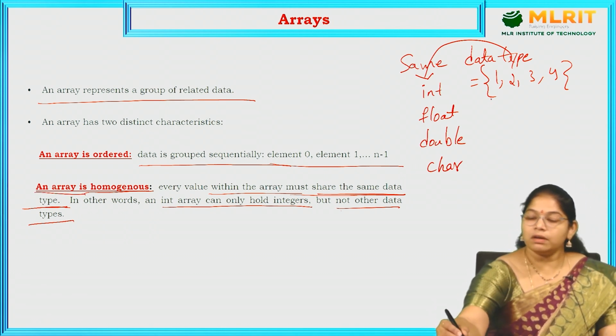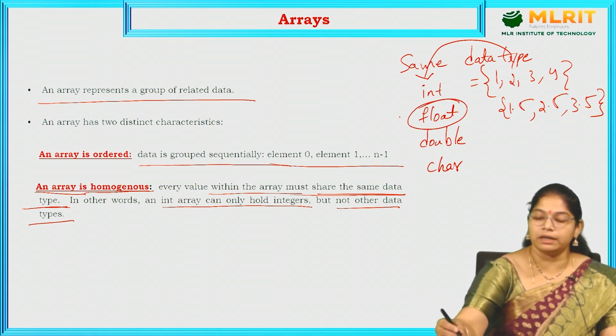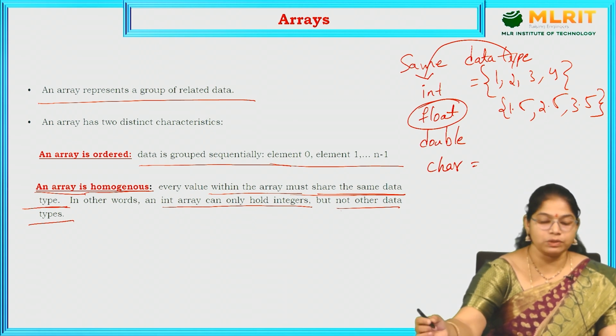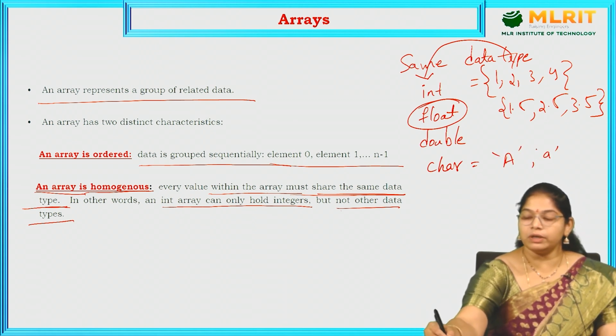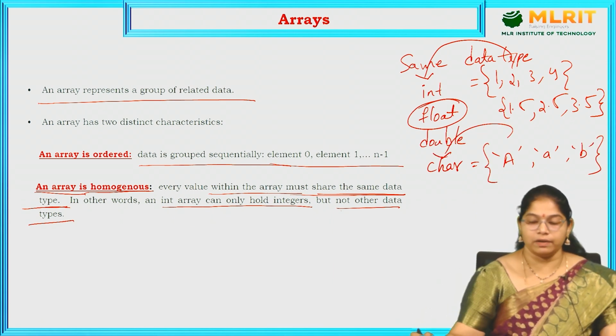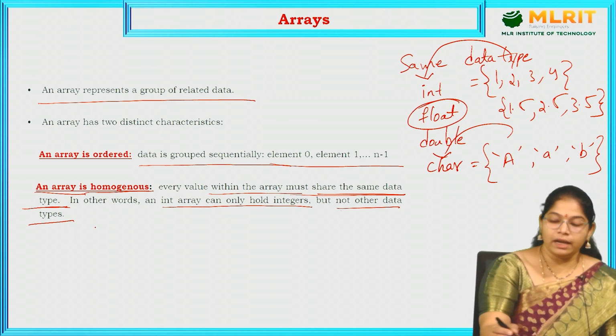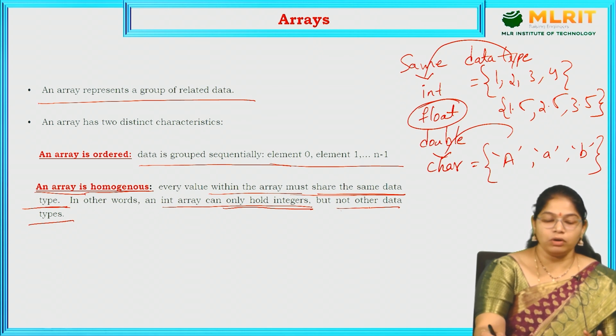If we are going with float type like 1.5, 2.5, 3.5, then we have to go with the float data type. Then for character, we know that a single character must be enclosed in quotes and separated by a comma if we are taking a group of characters. These are type character. So an array can hold the same type of values, but not other data types.